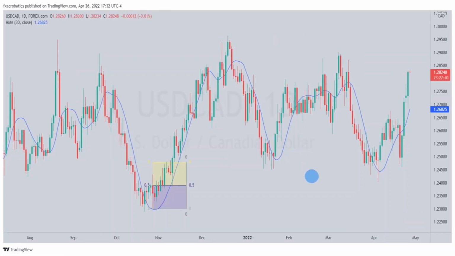All right, let's have a look at this indicator here, the Hull moving average, which I have drawn into the chart. So sometimes people trade strategies like reversion to the mean.